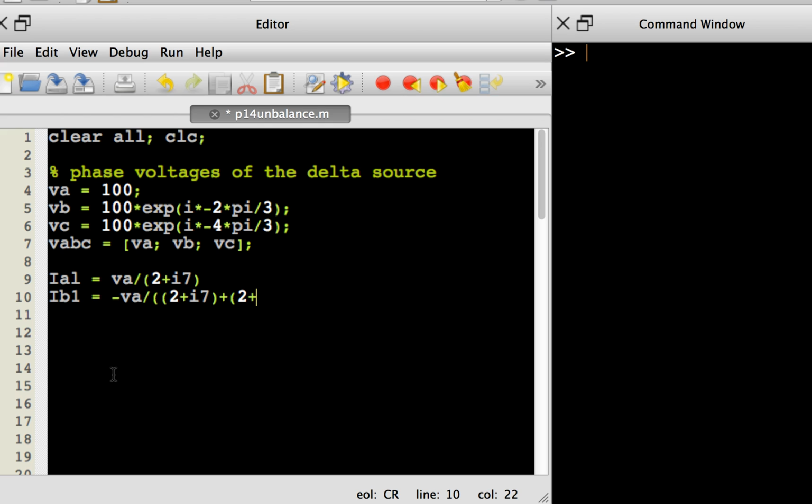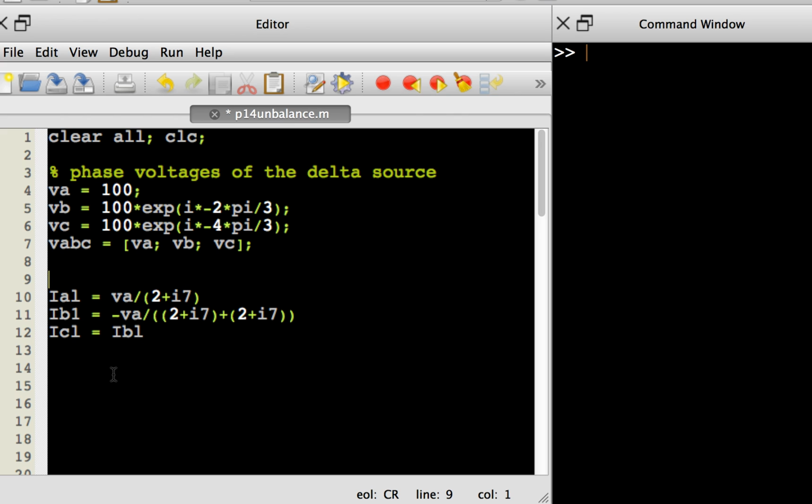Because these two impedances are in series, they will add and then finally divide, and the minus sign also, you understand. ICL is also equal to IBL, as we have explained from the circuit diagram shortly. So this is the calculation of unbalanced load currents.